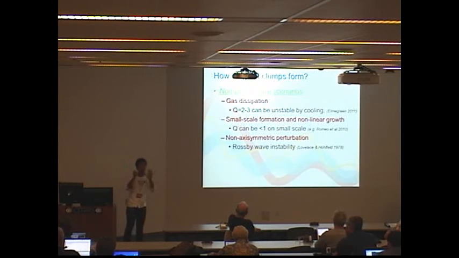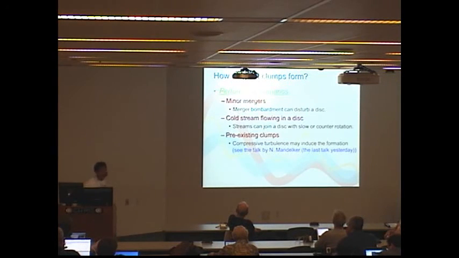Toomre instability is axisymmetric perturbation; non-axisymmetric works differently. The perturbative scenarios are also possible, such as minor mergers. Merger bombardment disturbs the disk, and the disturbance may form clumps. Also the cold stream flowing into the disk, joining with maybe a slow velocity or counter rotation. This gas will be unstable. And pre-existing clumps cause compressive turbulence. This is related to the talk by Neil.